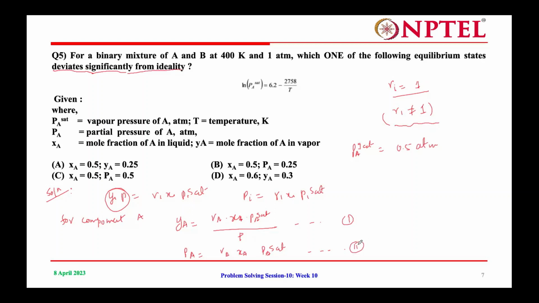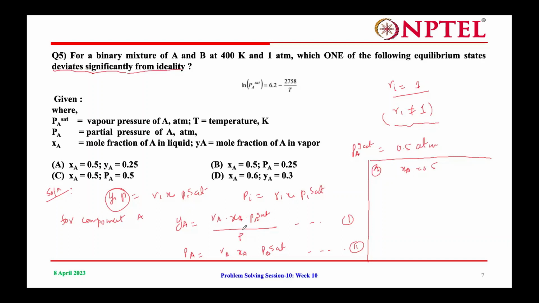Now check all the options, put them in these equations and check the activity coefficients. Starting with option 1, x is equal to 0.5 and y is equal to 0.25.